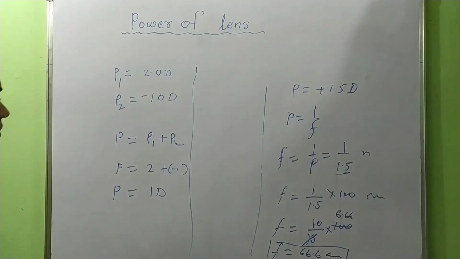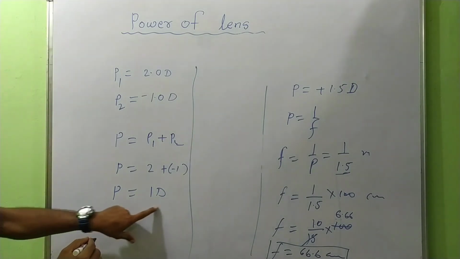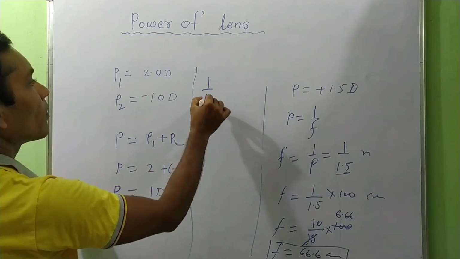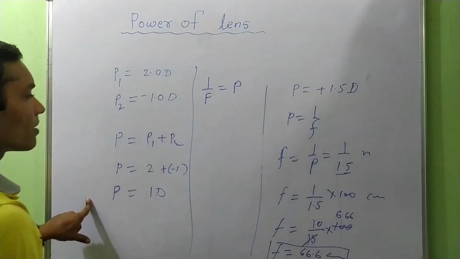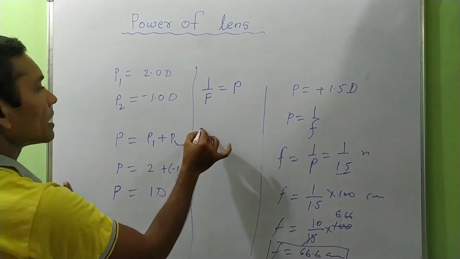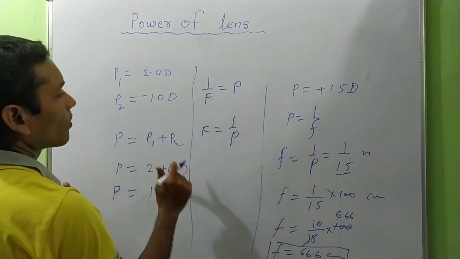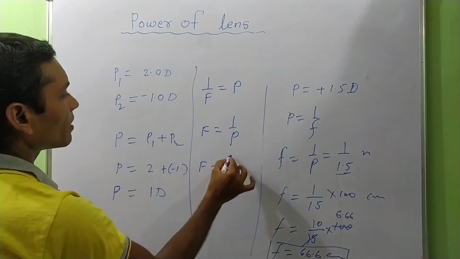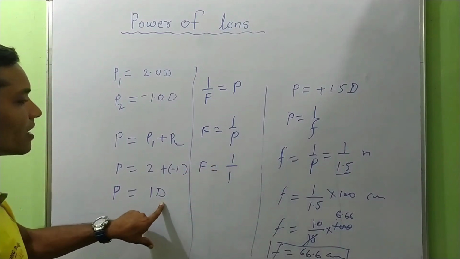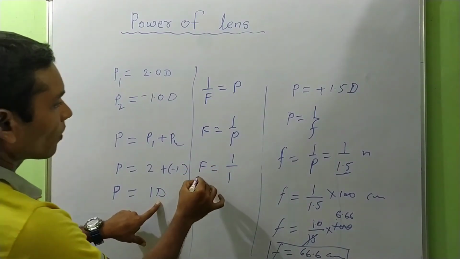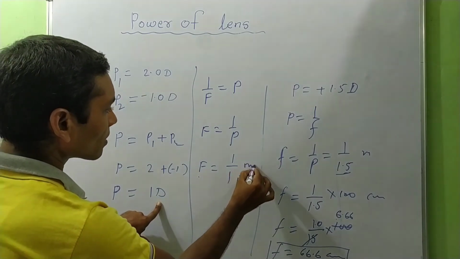So what will be the focal length of the combination? This is the power. 1 upon f equals P. So here f will be equal to 1 upon P. So f will be 1 upon 1. This is D, meaning the focal length will be in meter.